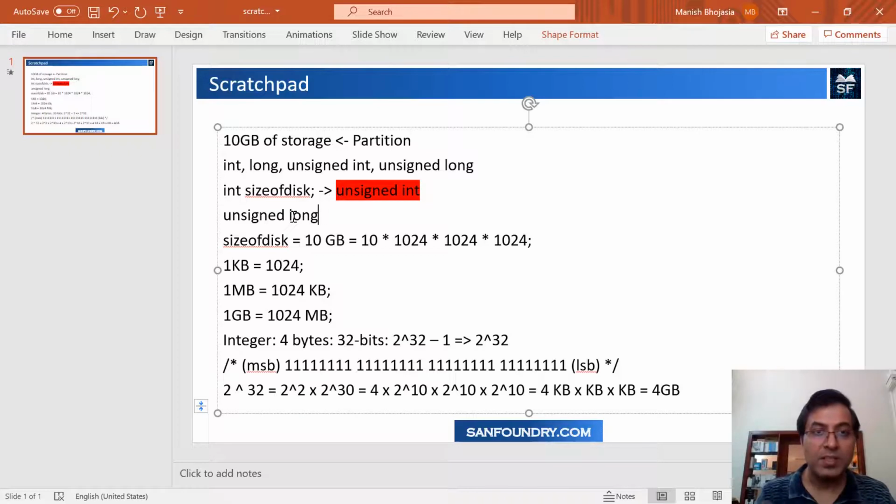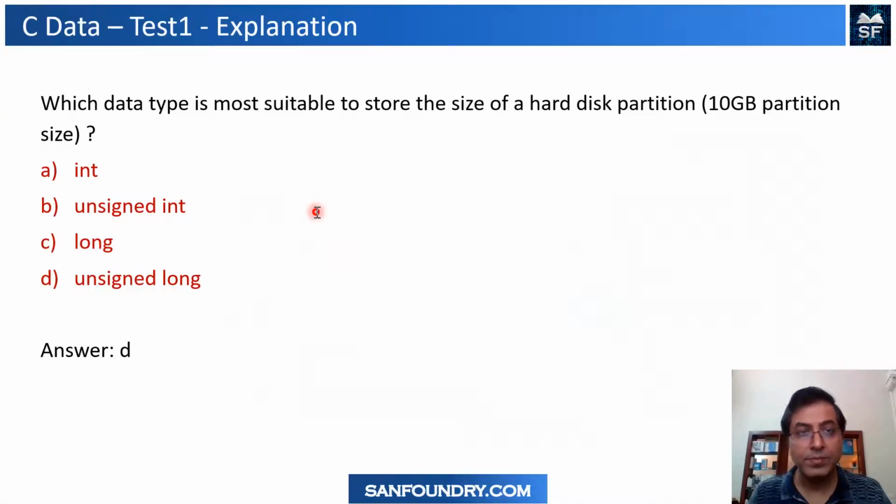Unsigned long, because long is the next higher data type after integer, right? So this is the correct answer. What is long? Long will contain 8 bytes of data. 8 bytes is a very large number, 2 to the power 64 minus 1 if you do an unsigned. So this is the answer for that question. I'm sure you understood the explanation, right? So we have to have careful focus about the choice of data type for our programming.